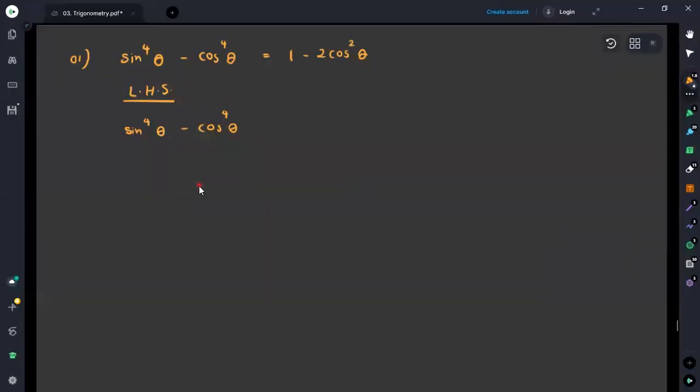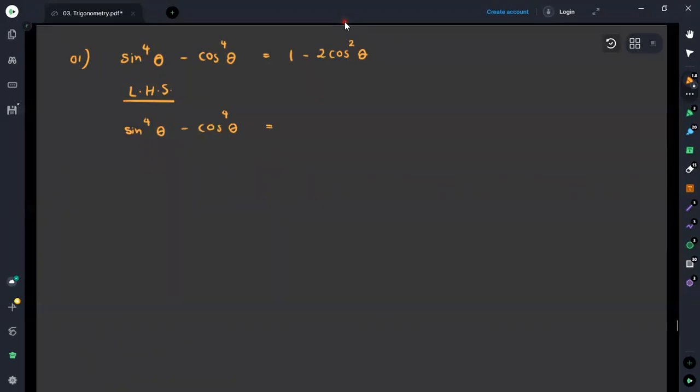Since we have now identified that the left hand side is sine theta to the power 4 minus cosine theta to the power 4, we need to obtain 1 minus 2 times cos squared theta. Here we have the difference of two terms with power 4.